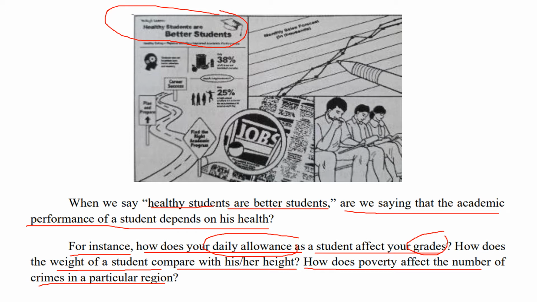With poverty, the level of poverty and the number of crimes: if the poverty level in a particular place or region increases, most probably people will do something bad because they need to survive.